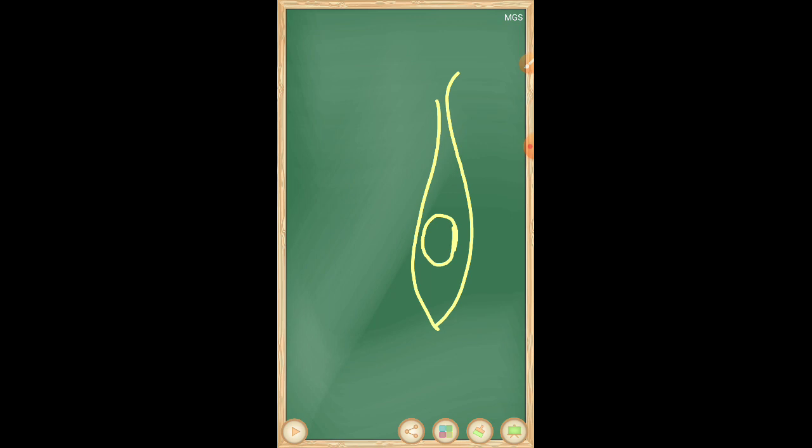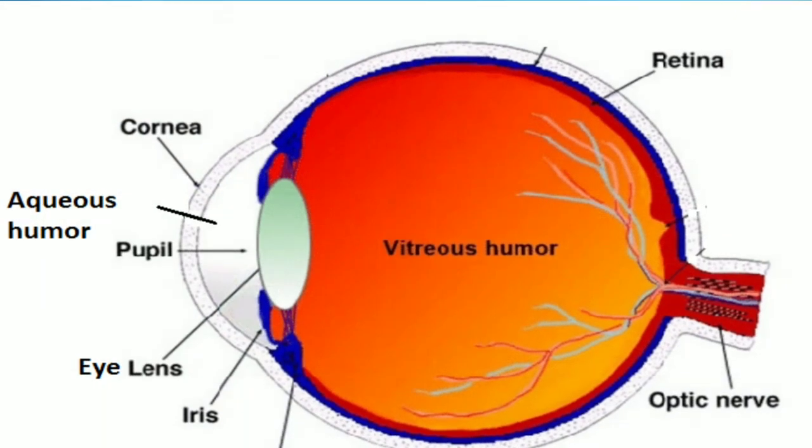This is your iris. At the center of the iris, there is a pin-like opening. This opening is known as pupil. Light enters our eyes through the pupil.